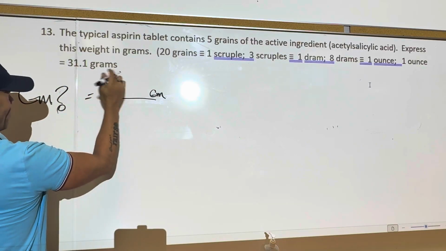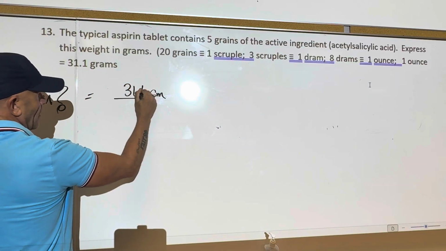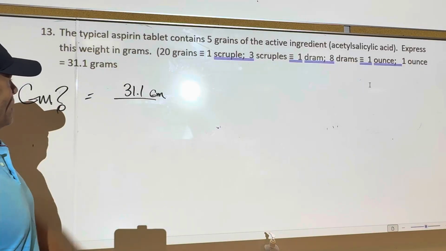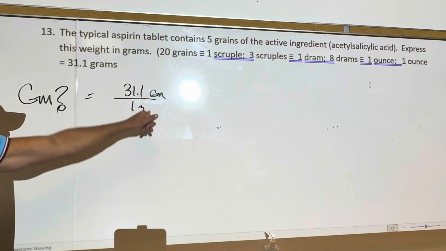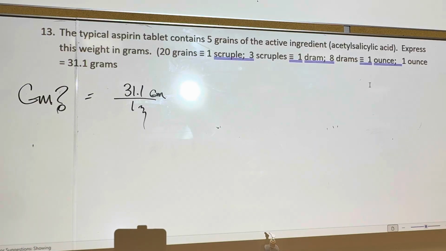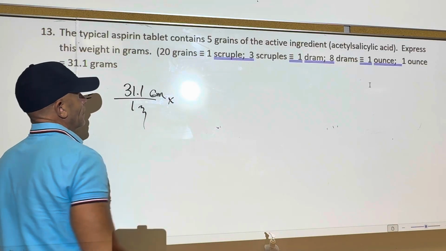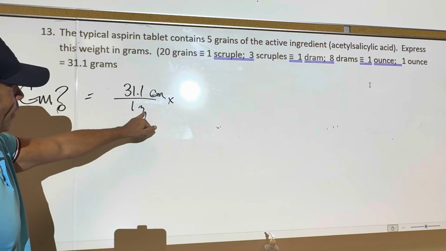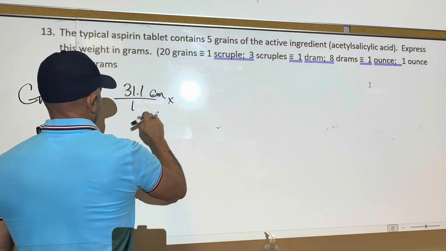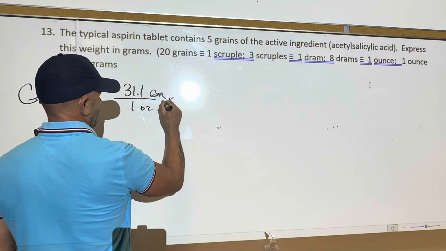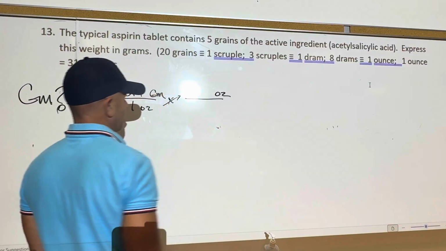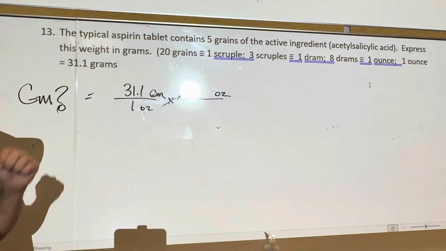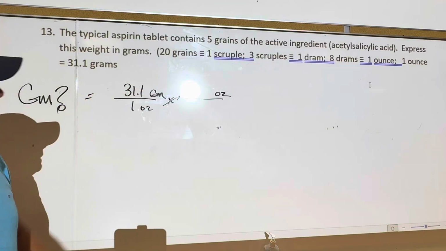And we know 31.1 grams equals 1 ounce. And that's the symbol for ounce if you don't write OZ. Okay? All right. Multiply. What's our next one? We're going to bring ounces. Right? So what's our next given? Well, 8 drams equals 1 ounce.